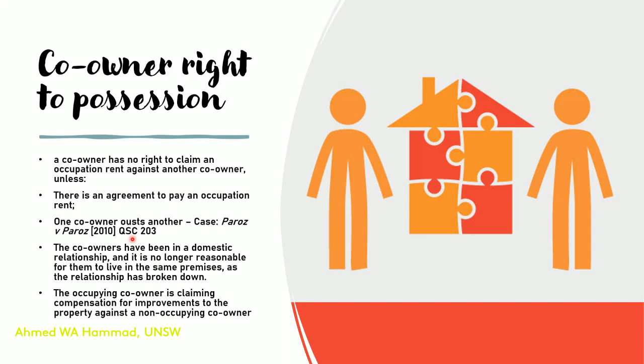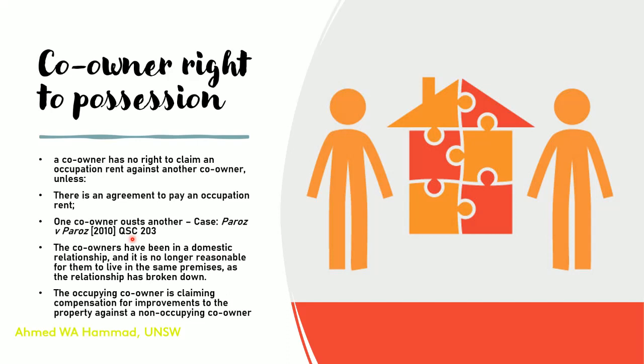In the case of the relationship, the person that stays in the property might need to pay rent for the person that left. Or if the occupying co-owner is claiming compensation in terms of the occupation rent that they're collecting for the improvements that they made to the property against a non-occupying co-owner.